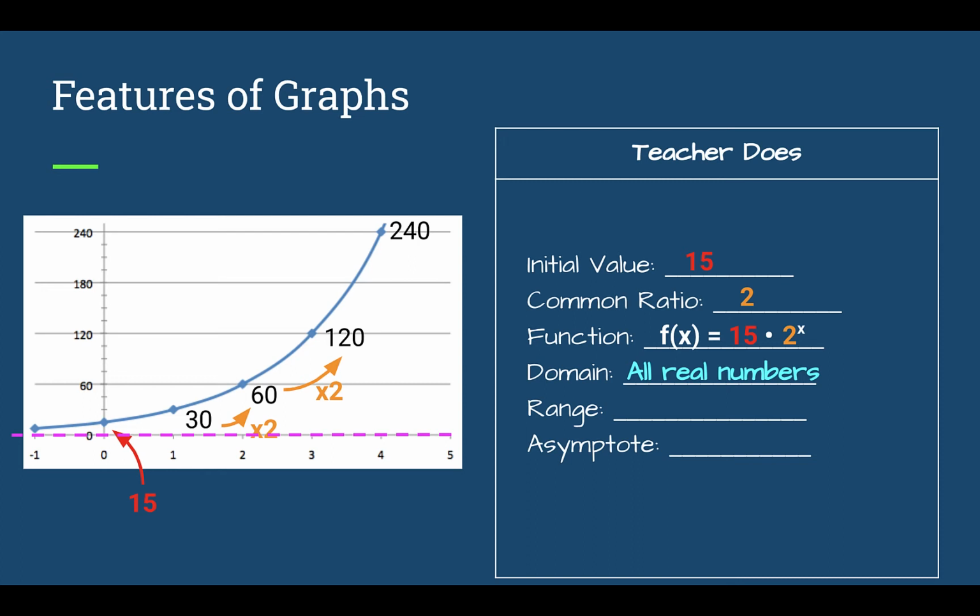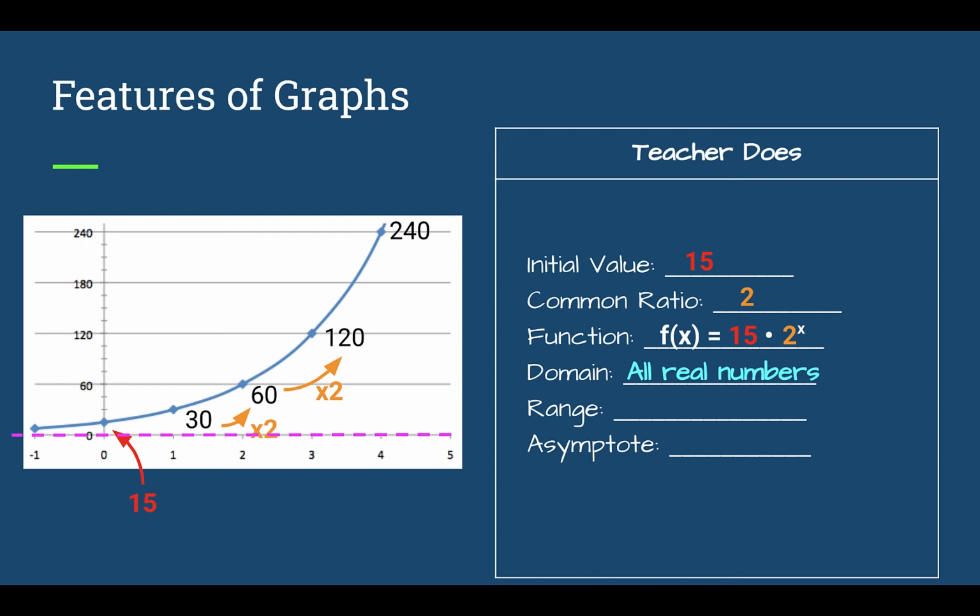If you're not sure about this, follow the pattern backward. So from 60 to 30, it would be dividing by 2, to 15 divided by 2. Divided by 2 again would be 7.5. Divide by 2 again, we'd get 3.75, and then 1.875, 0.9375.